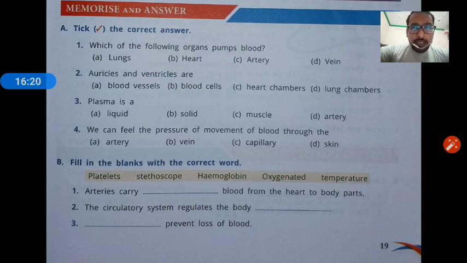Number 3, who prevents the loss of blood? Platelets. So platelets is helping you in clotting of blood. Whenever there is a hurt, you are recovered because of these platelets.